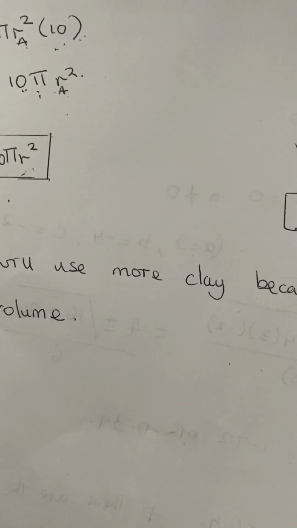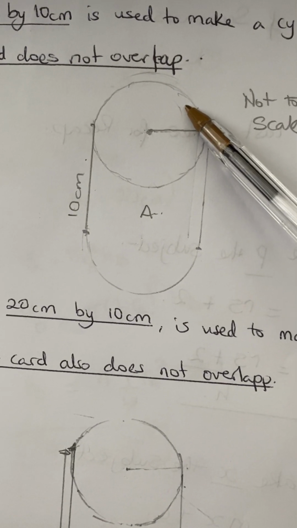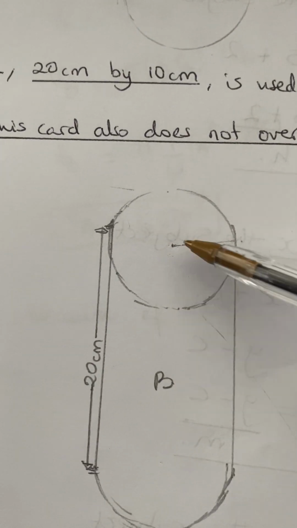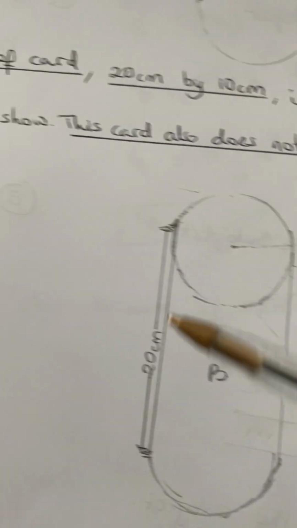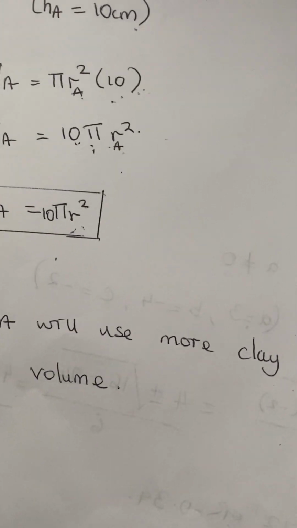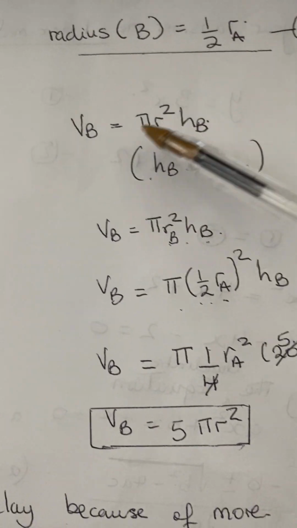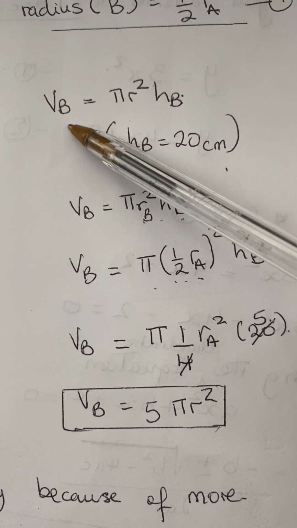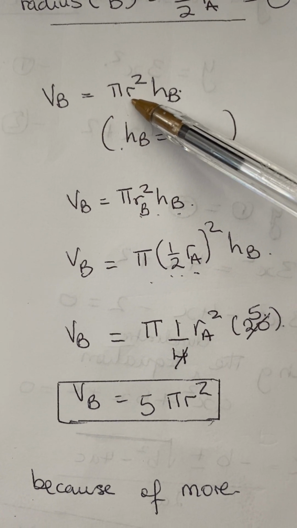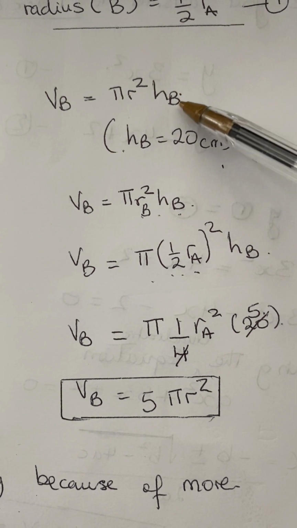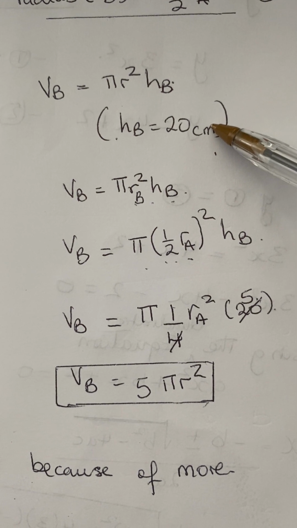But if you look at the second one, this is the first one. The second one, the radius is half, but the height is 20. So the volume of the second one will also be pi r squared hb. Our h here is 20.